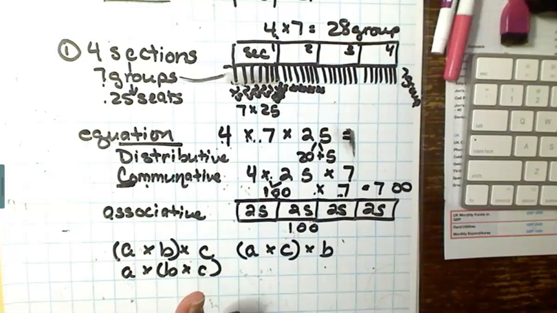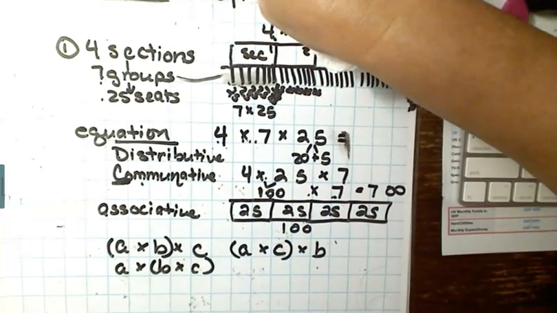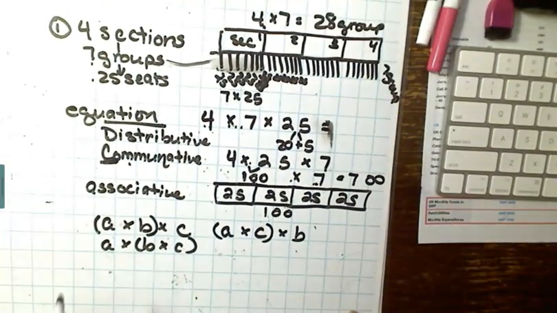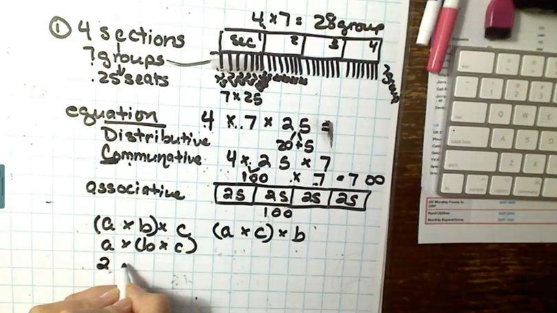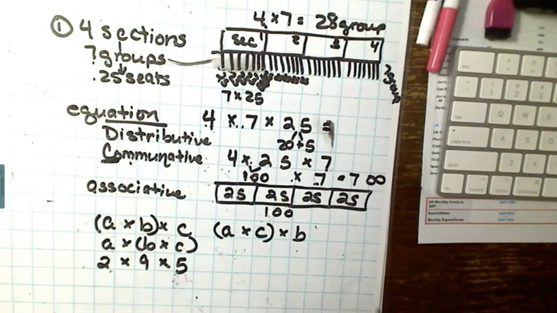Now, before you freak out and think of algebra, take a look at what I'm saying. Let's say your 9s are tricky. So let's say you had 2 times 9 times 5. Is there anything out of these 3 numbers that you could multiply in your head really fast?